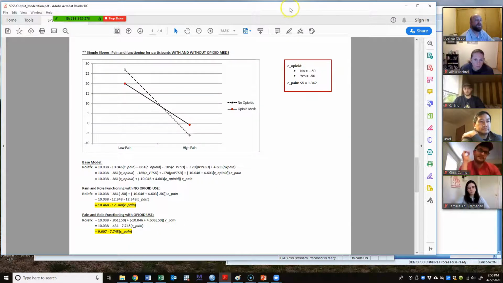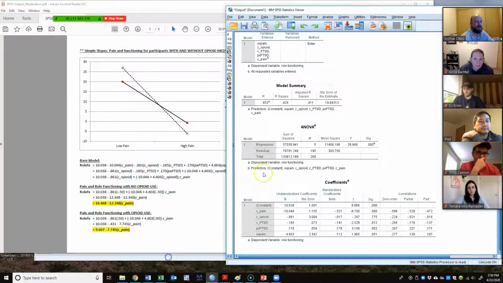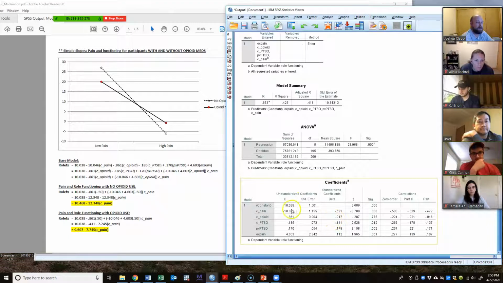Okay, so if I had run my model here, this is my base model again, right? This is just regressing functioning on pain, opiate use, PTSD, the interaction of PTSD and pain, and the interaction of opiate use and pain.